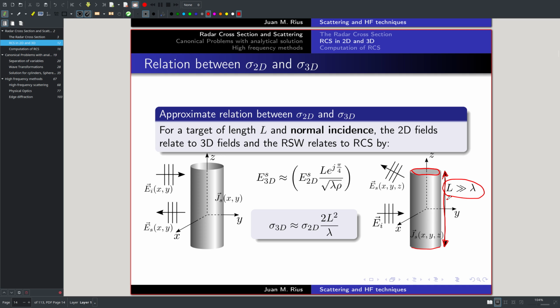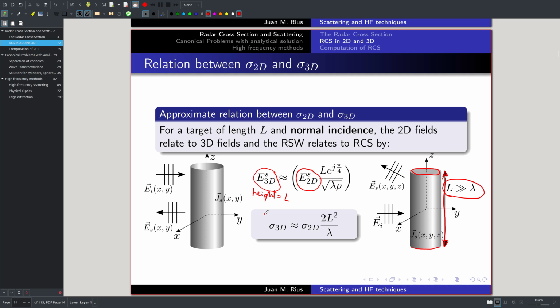And we can obtain a relation between the scattered field by the infinite two-dimensional cylinder and the scattered field of the finite three-dimensional cylinder of height L. And this relation is the following.